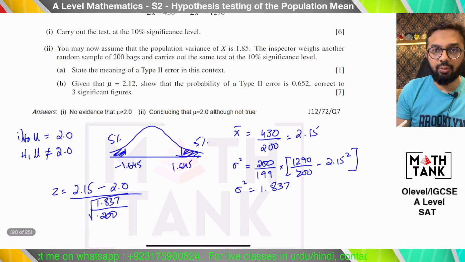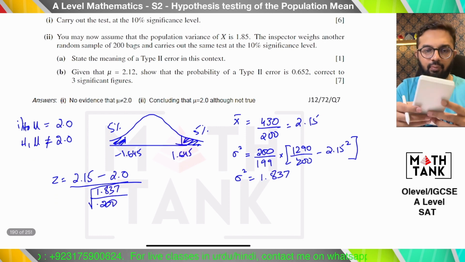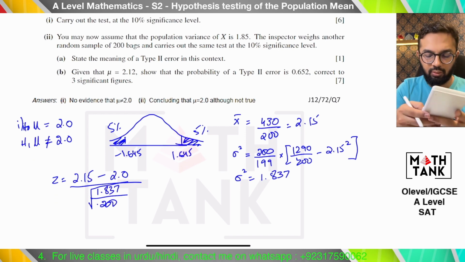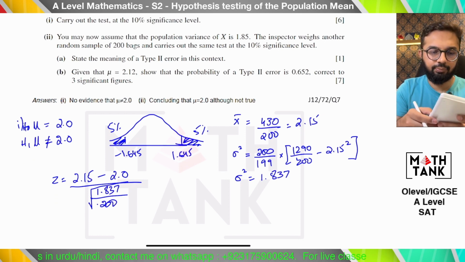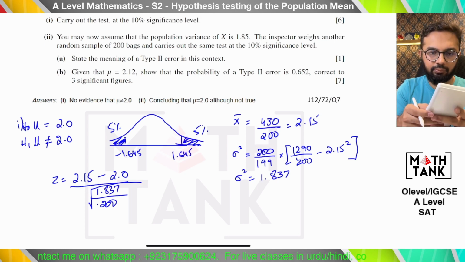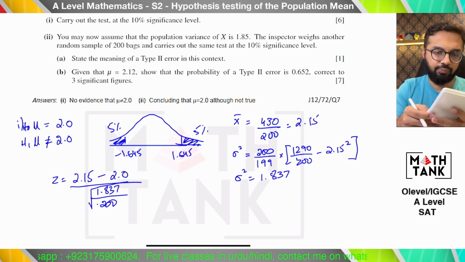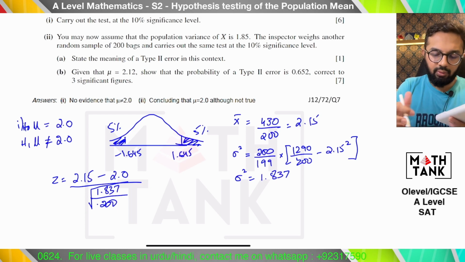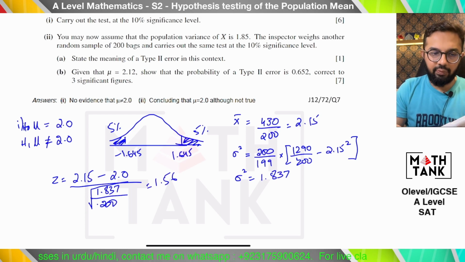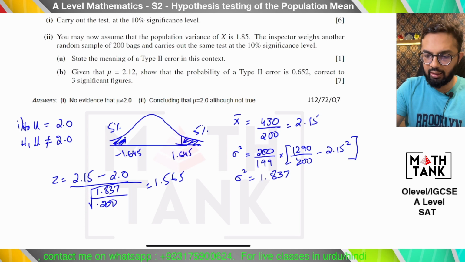Okay, both of these are going to go inside a root. So 1.565. Again, not in the rejection region.